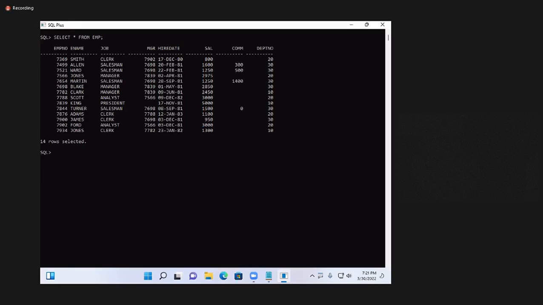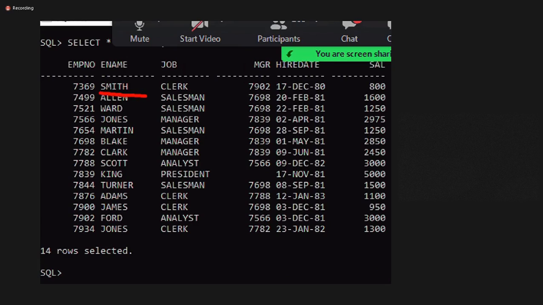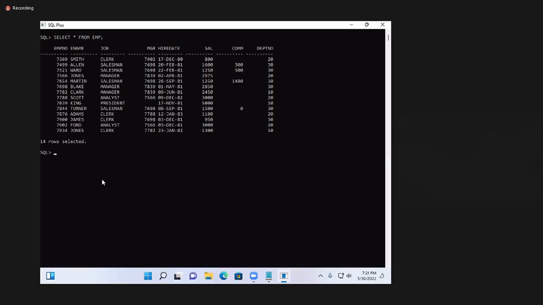How many people are there whose name starts with S? Smith and Scott. These are the two people. In this case, if you want to do a character pattern comparison, we can use the LIKE operator: where column name like 'S'.